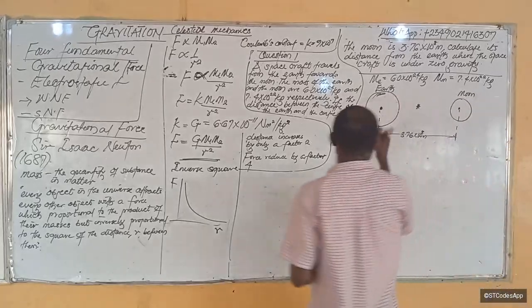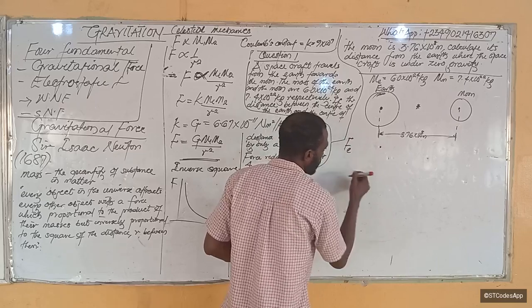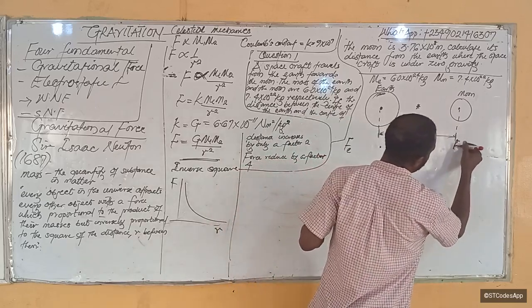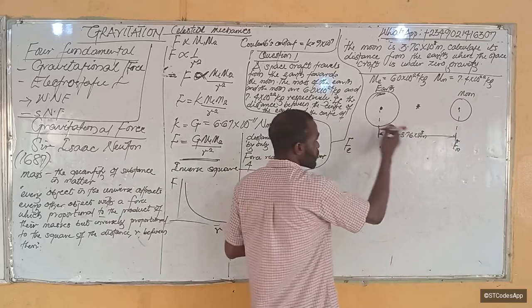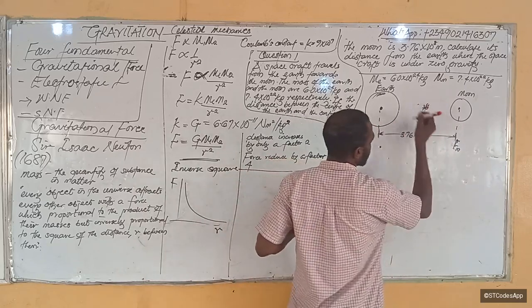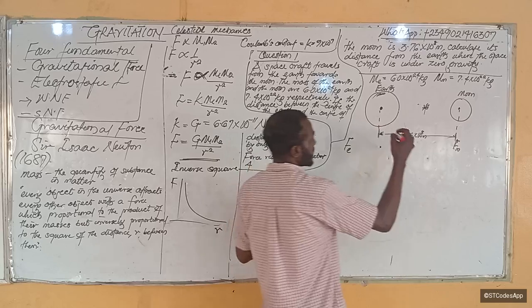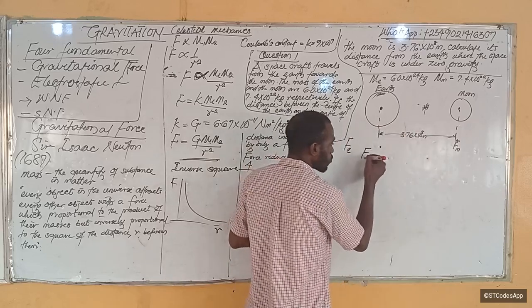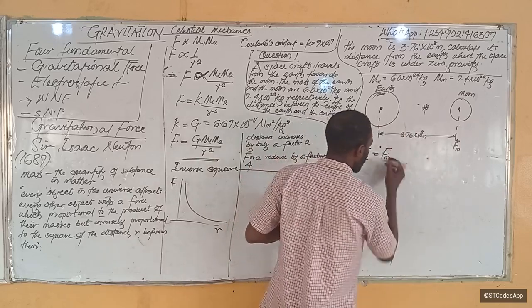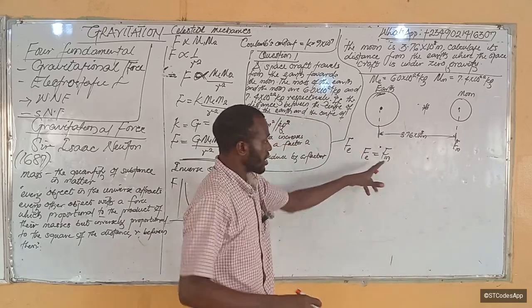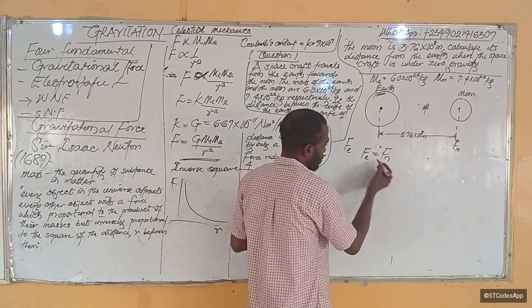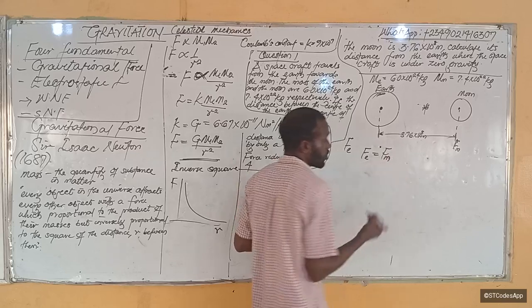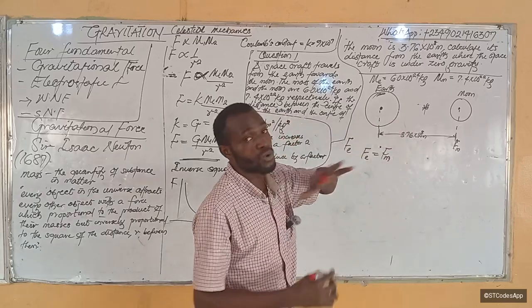If we call the force from the Earth F sub E and the force from the moon F sub M, this point will be where F sub E equals F sub M. They cancel each other out, because F sub E minus F sub M becomes 0. So that's the point where this guy will feel no gravity.